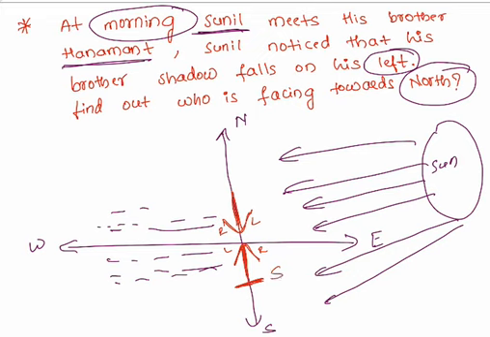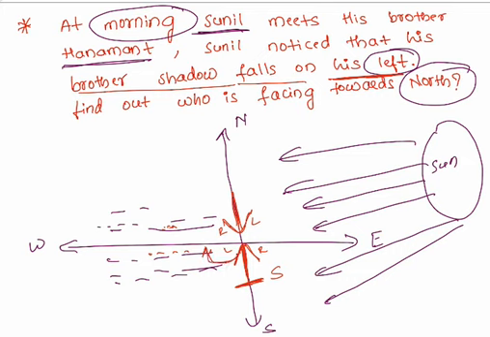Sunil notices that his brother's shadow is falling on his left. Exactly correct. His brother's shadow is here, Sunil's shadow is also here. This is Sunil's left. His brother's shadow falls on his left.